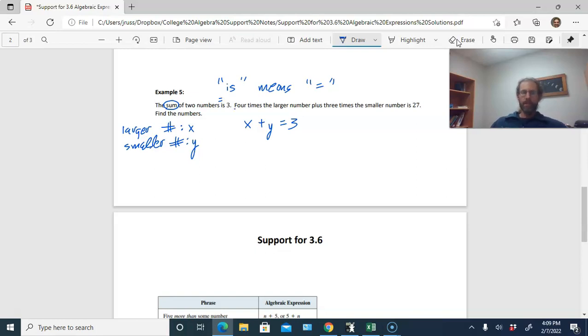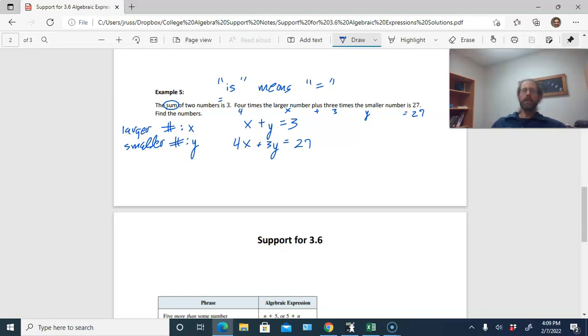And so this says that 4 times the larger number, which is x, plus 3 times the smaller number, which is y, should equal 27. And so this is how we get our second equation. So 4 times x, plus 3 times y, or 3y, is equal to 27.